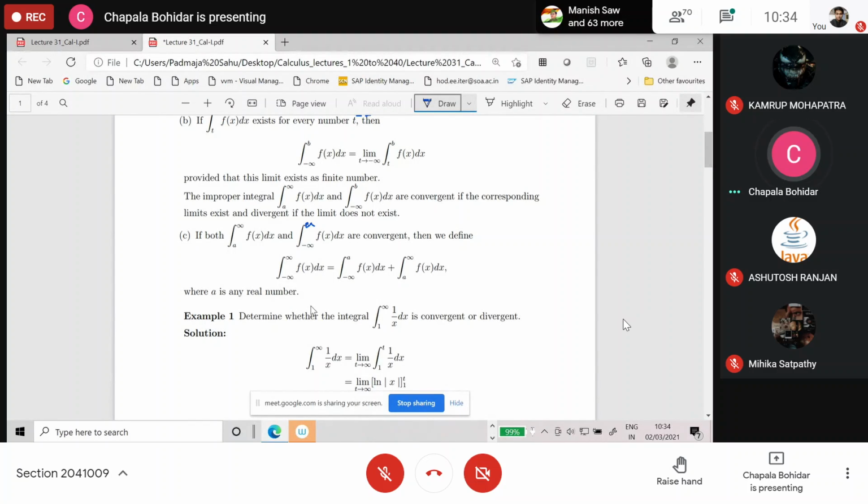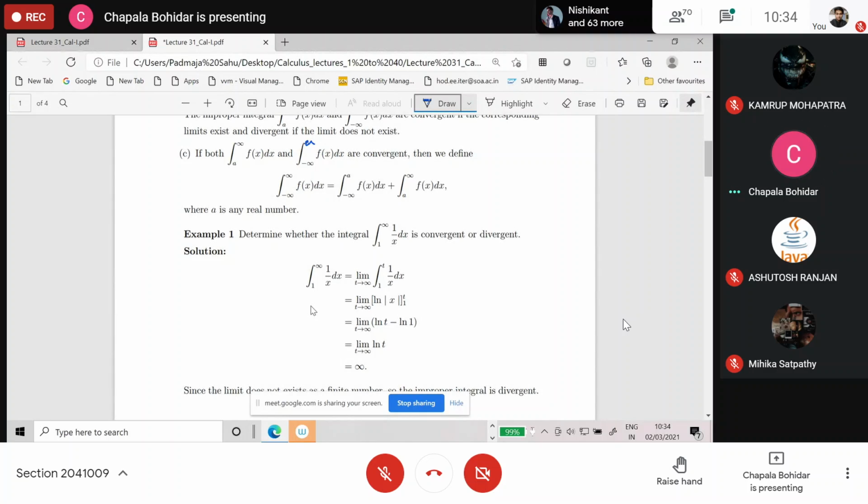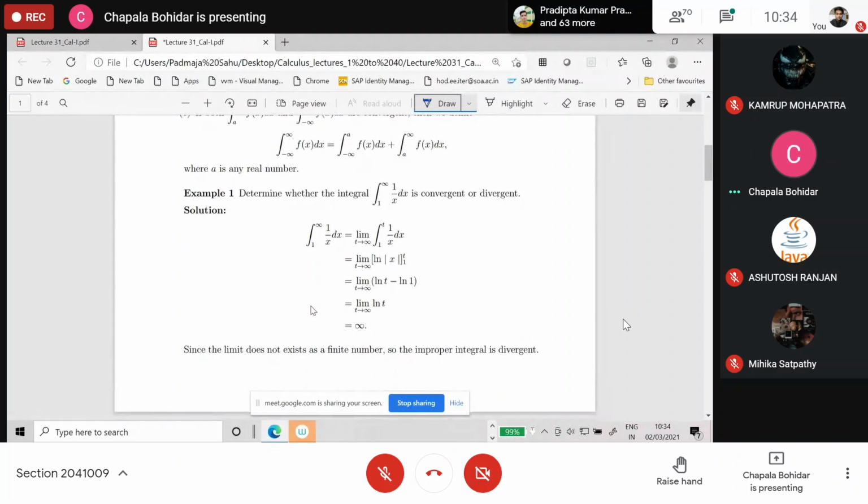What you get here is the limit as t tends to infinity of ln x from 1 to t, that is ln t minus 1, so as t tends to infinity we get infinity. So this limit does not exist as a finite number. So the improper integral is divergent.